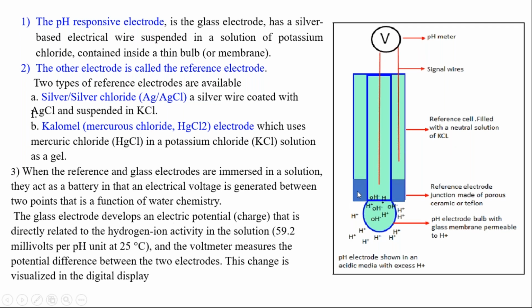The glass electrode, that is this glass electrode with the bulb, develops an electric potential that is directly related to the hydrogen ion activity, and that voltage is measured in the voltmeter and read in the pH meter as a change in the pH. So in a pH meter, you must have a reference electrode and you must have the pH electrode.